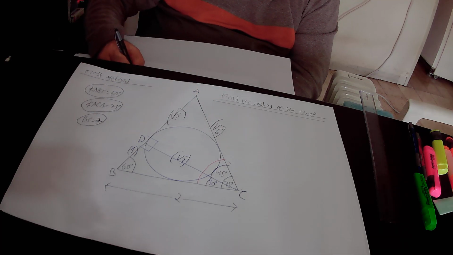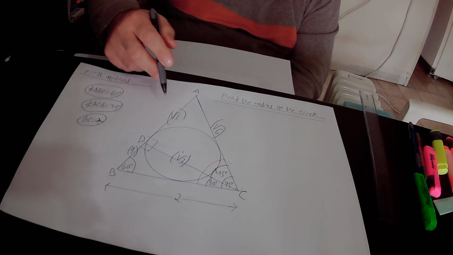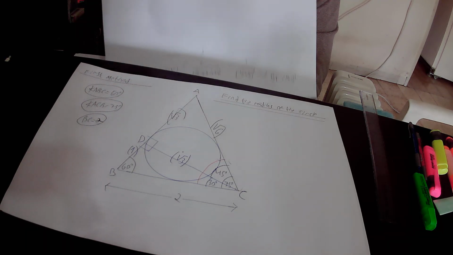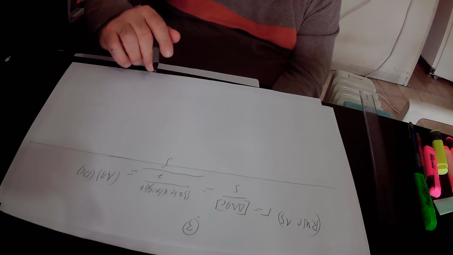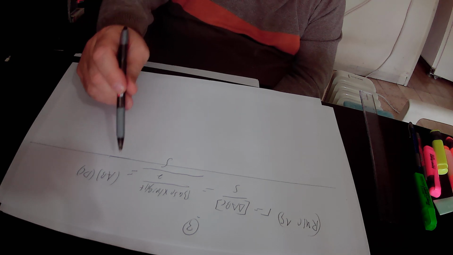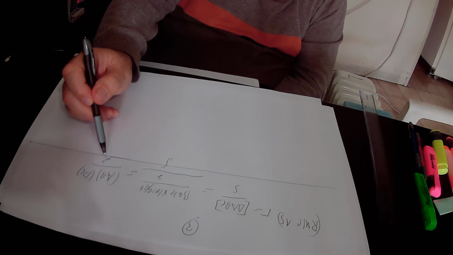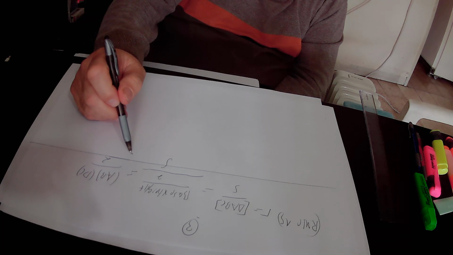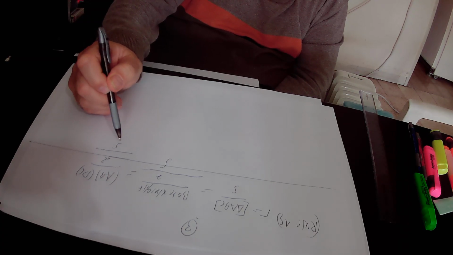Why? The height DC creates 90 degrees with the base AB. So repeat again: the base of triangle ABC is AB, the height to the base is DC, divided by 2. This is the area of triangle ABC. We have to divide the area by S.